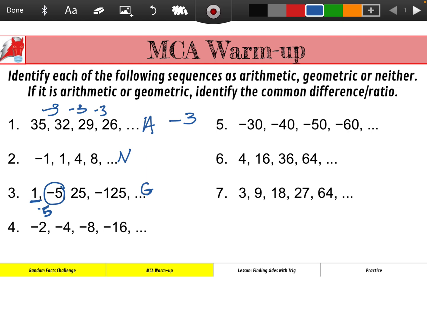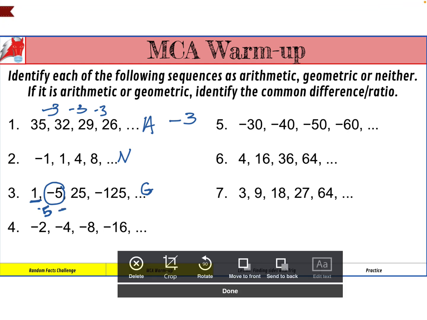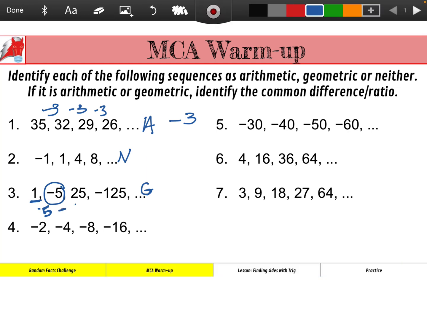If I do it again, 25 divided by -5, guess what? I get -5 again. I'm seeing kind of the pattern. -125 divided by 25, that's another -5. So the common ratio is that it's being multiplied by -5.